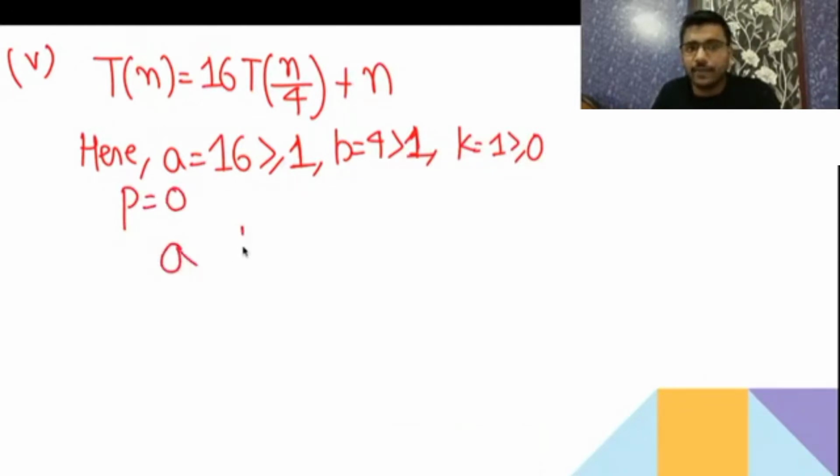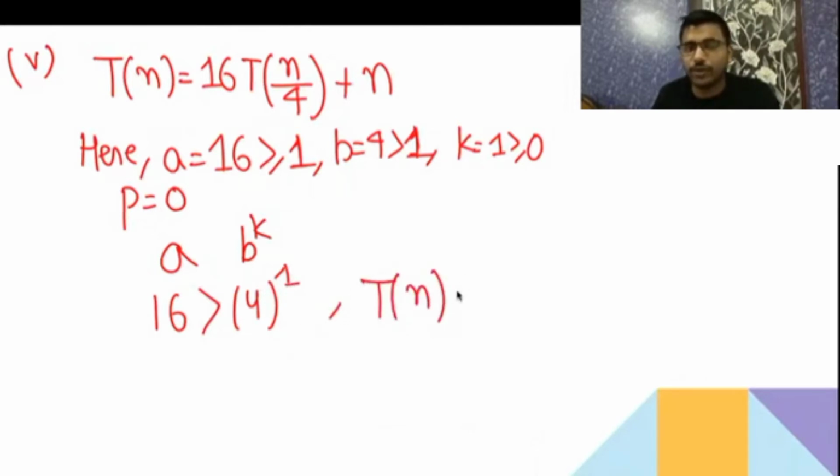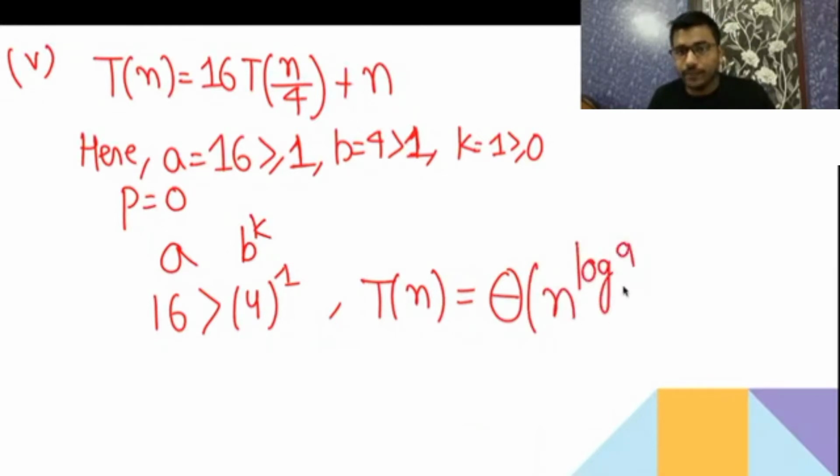Now compare a and b to the power k. A here is 16, b here is 4, and k here is 1. A is greater than b to the power k, condition 1. So if this is the case, then Tn is going to be big O, no, it is going to be theta only, theta n to the power log a base b.